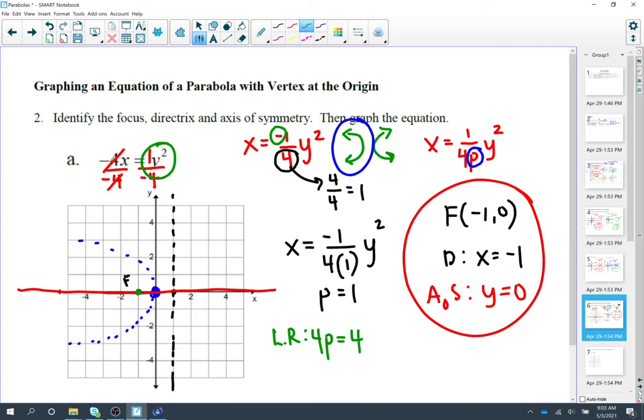That tells me I have to go up 2 and down 2, and those are 2 points on my parabola. So when I connect and create my parabola, I come from the vertex down through that point, and then up through that point, and then we have our parabola.